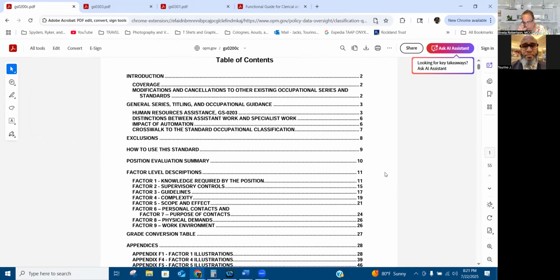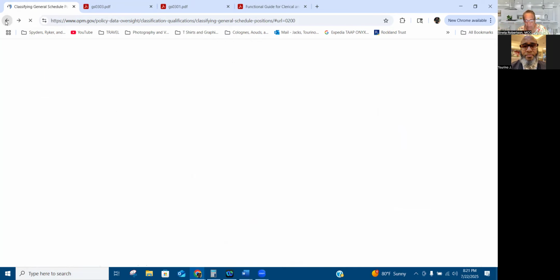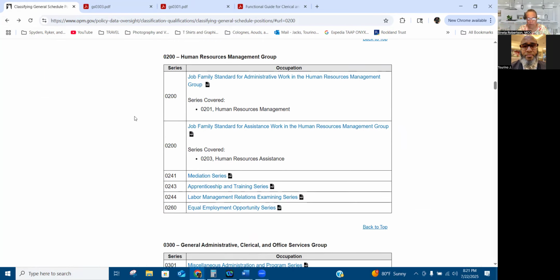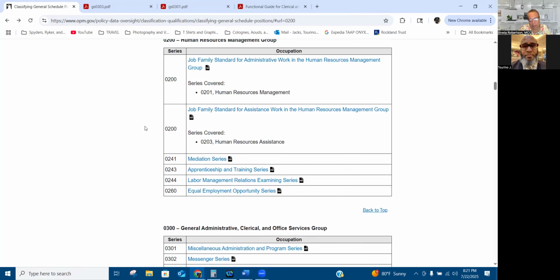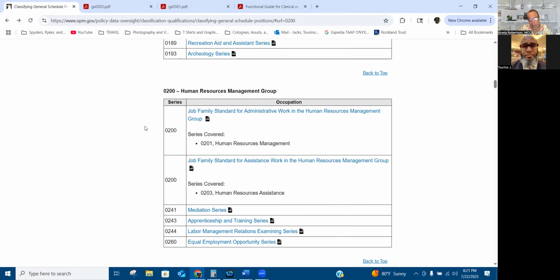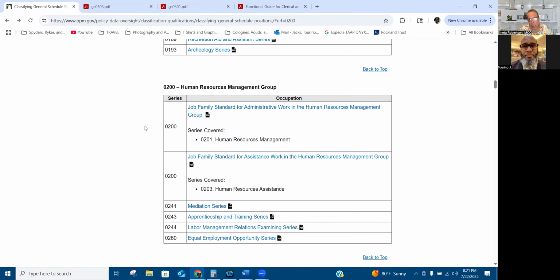The first one in that first block up there was for specialists. This one is specifically for assistants. See under the series to the left, both of them say 200, but when you get in the middle, the human resources management 201, the title says job family standard for administrative work in the human resource management group.